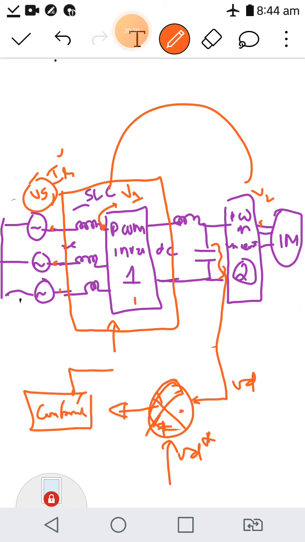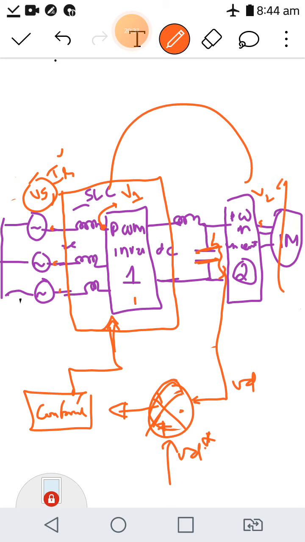The controller output is given to PWM inverter 1. So how is this power balance achieved? When the power supplied by inverter 1 is equal to the power taken by inverter 2, no energy will be taken from the capacitor. Its voltage remains constant, and this is known as the reference voltage VD star.